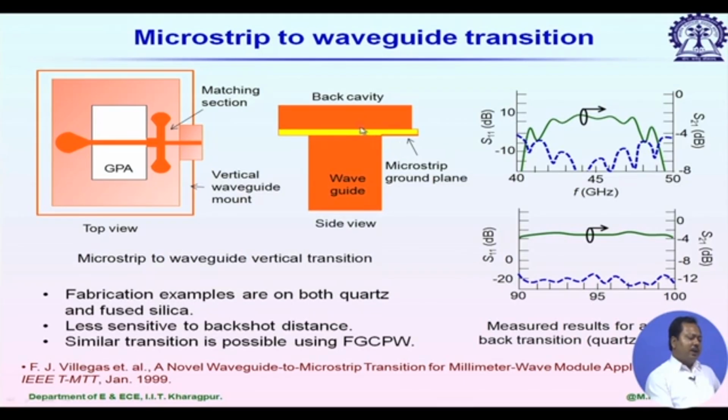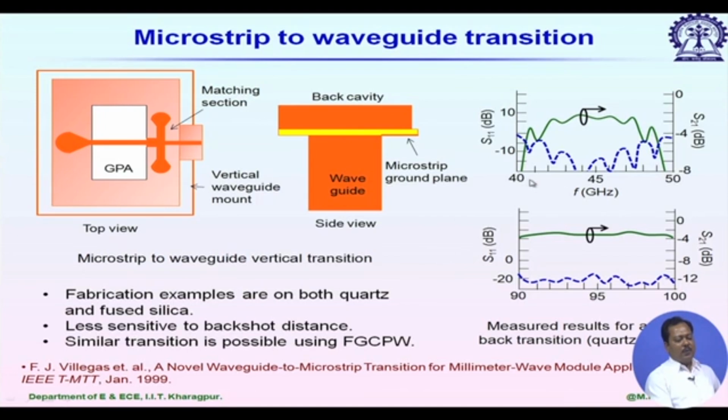So, from microstrip line, power is now coupled into rectangular waveguide, and here it shows measured performance of a back to back transition. That means, from microstrip line to rectangular waveguide, again from rectangular waveguide to microstrip line, and this is the measured S parameters.